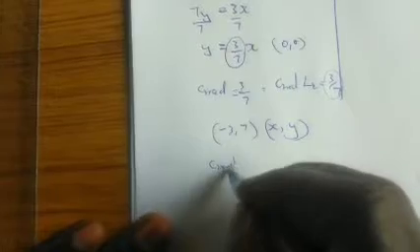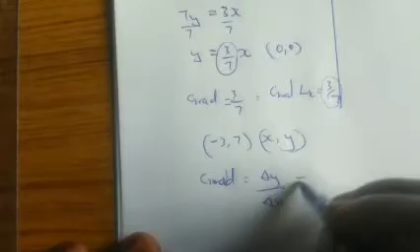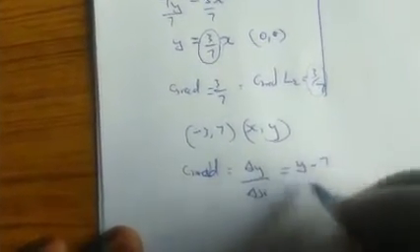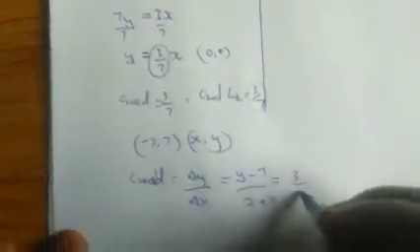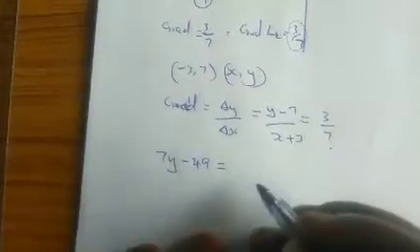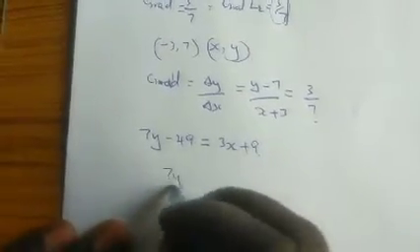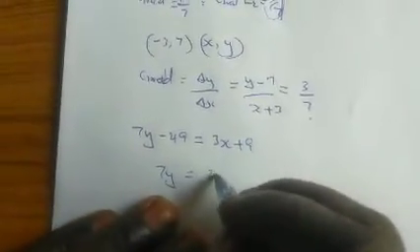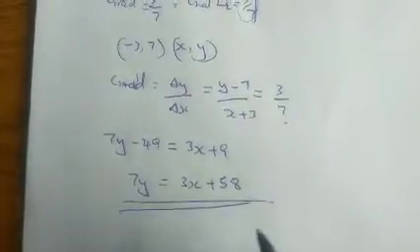The gradient is change in y over change in x, which is (y - 7)/(x + 3), and this should be equal to 3/7, the gradient of that line, since they are parallel. Therefore, we have 7y - 49 = 3x + 9, and therefore 7y = 3x + 58. We can leave the equation at that point.